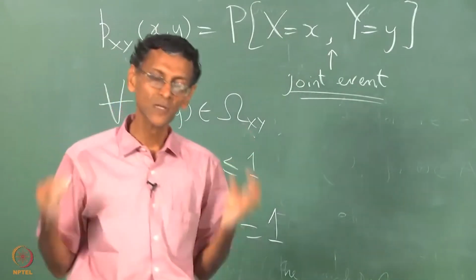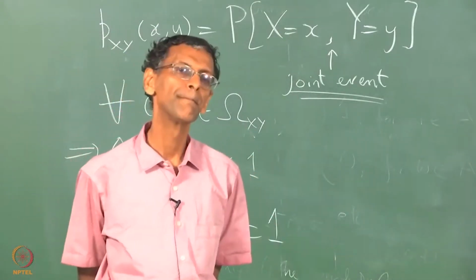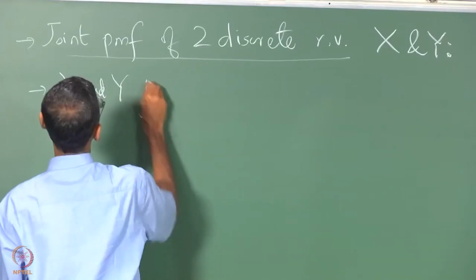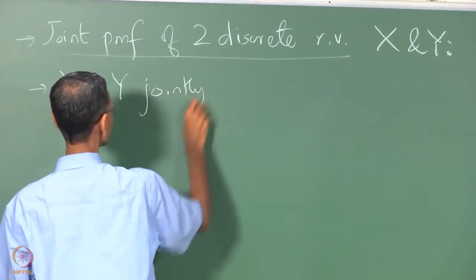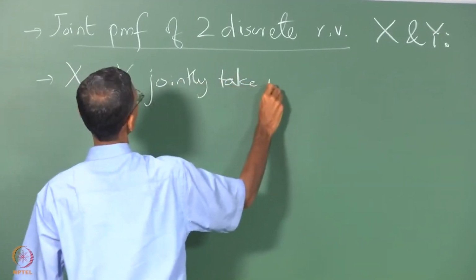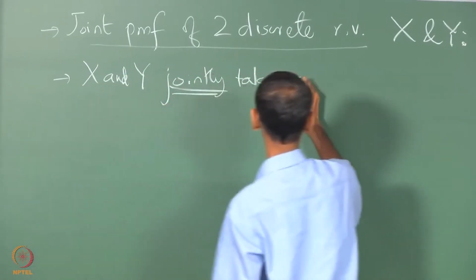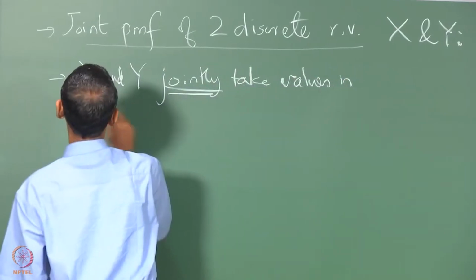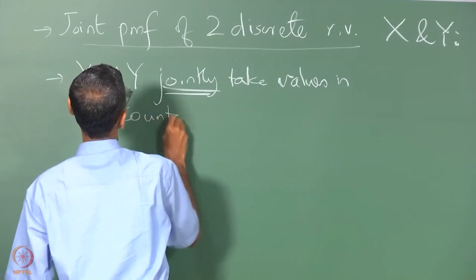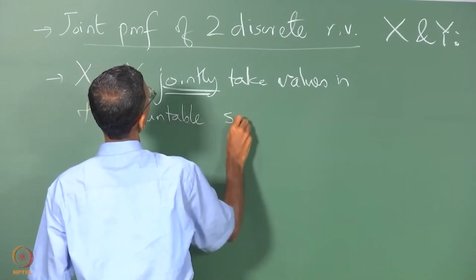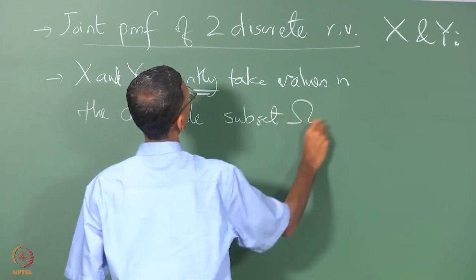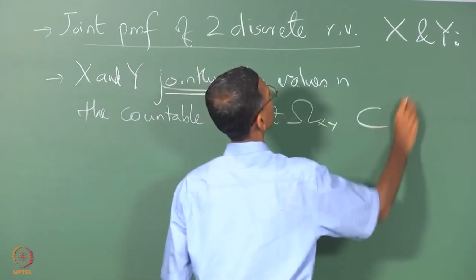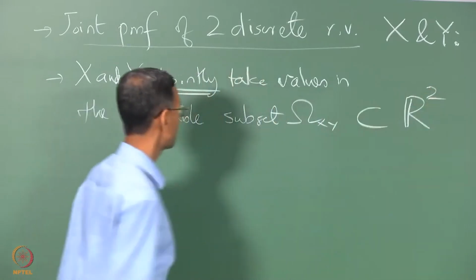The starting point is that we have X and Y jointly taking values in some set. The idea is they jointly take values in a countable set of the plane.